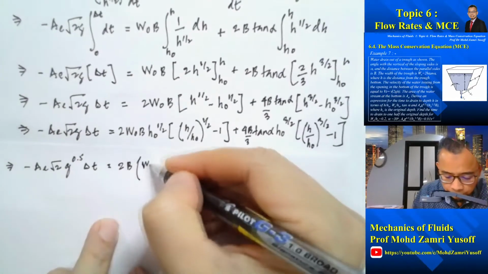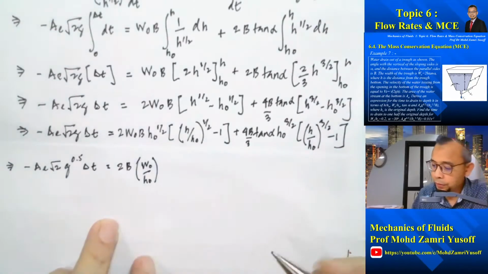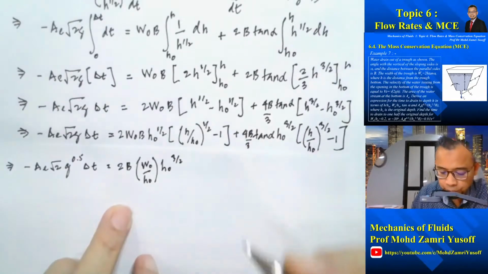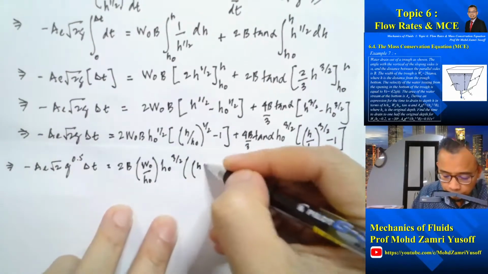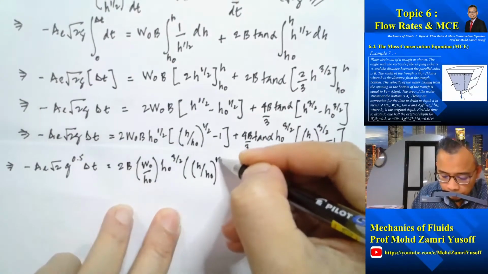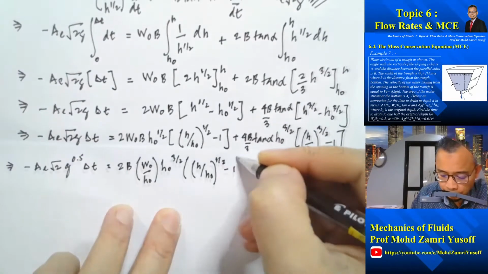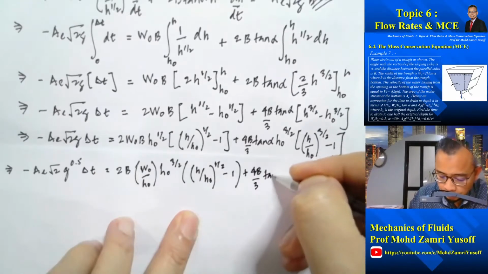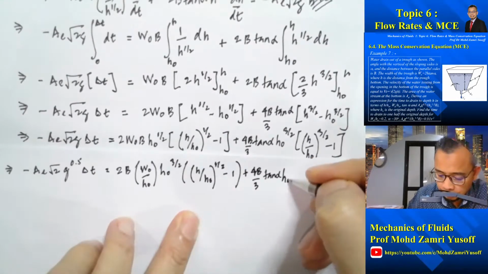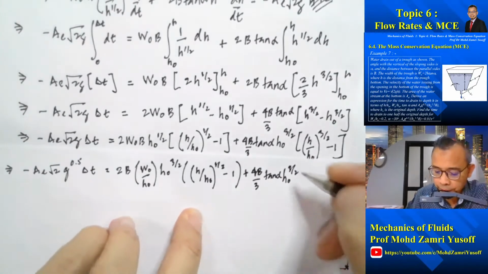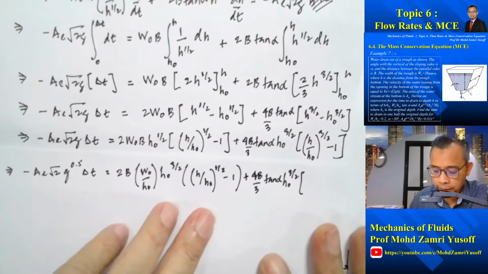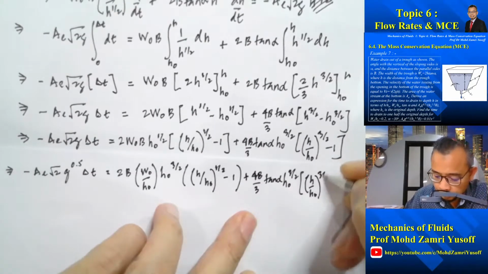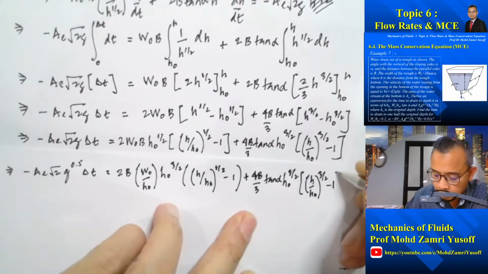I can put w naught over h naught, then this will have h naught to the power of 3 over 2, then h over h naught to the power of half minus 1, plus 4b over 3 tangent alpha h naught 3 over 2, and then this part here, h over h naught to the power 3 over 2 minus 1.